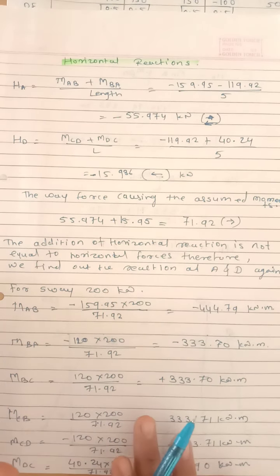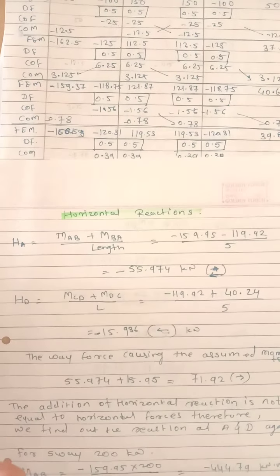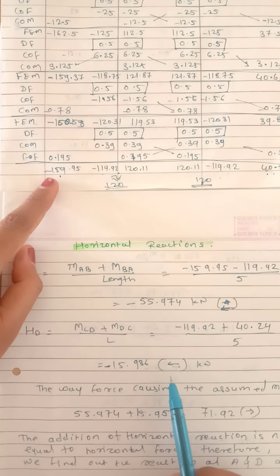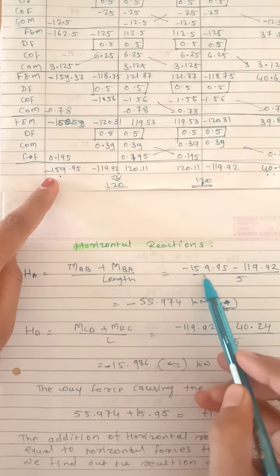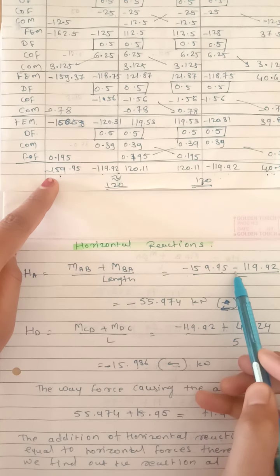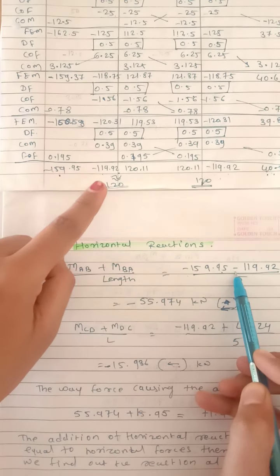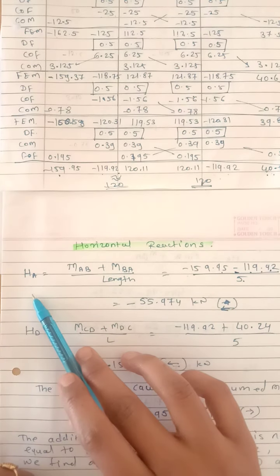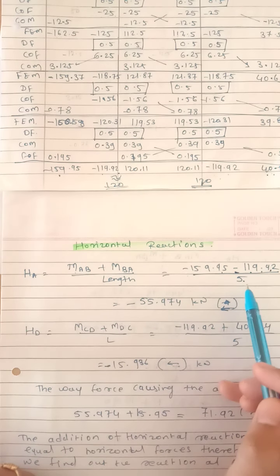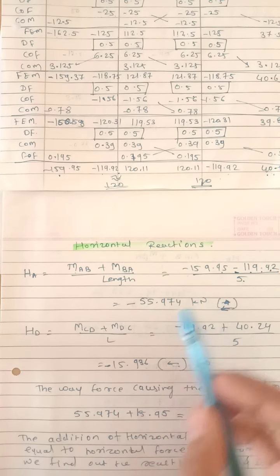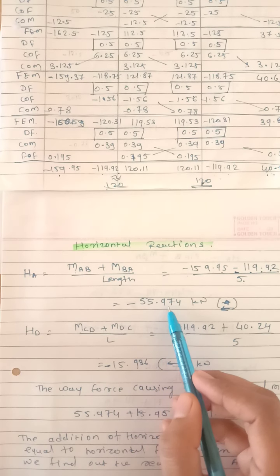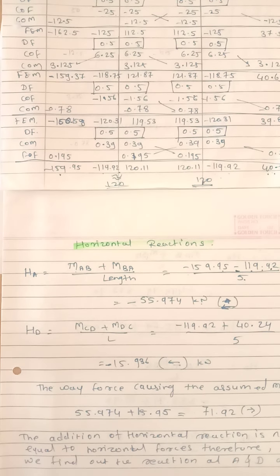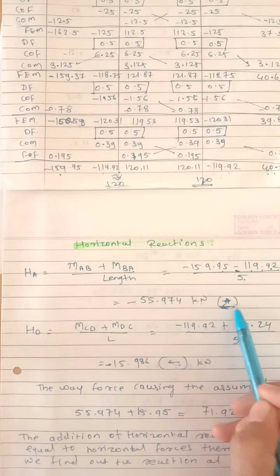End movement at member AB was already calculated in step number 3. So end movement at member AB is minus 159.95 and end movement at member BA is minus 119.92, divided by the length of the AB member, which is 5 meter. So the answer is minus 55.97 kilonewton on the left hand side. Since it is minus, we take the left hand side direction.